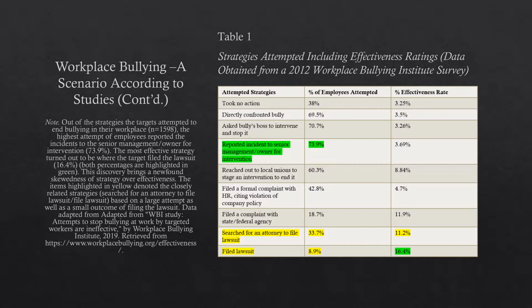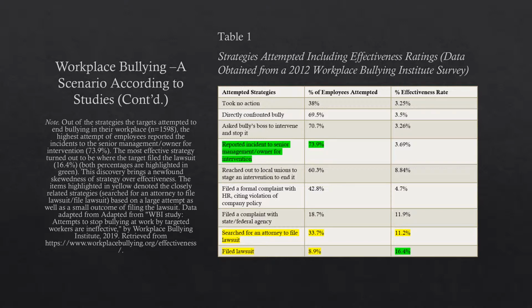And in this case, it was where some employees reported incident to the senior management or owner, in which they are looking for intervention to resolve a workplace bullying issue.